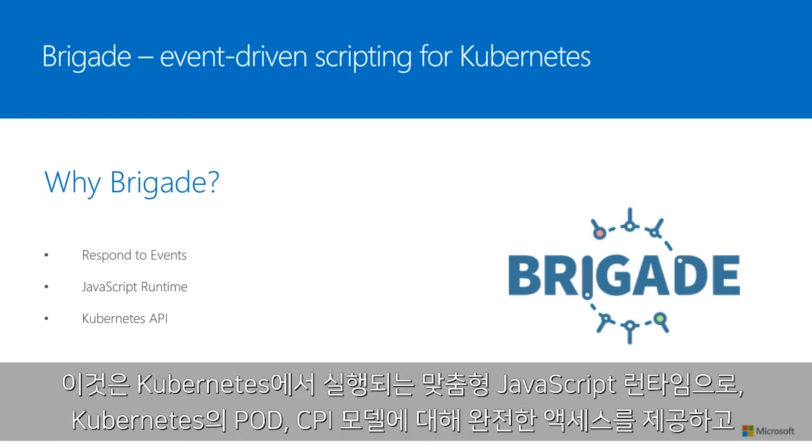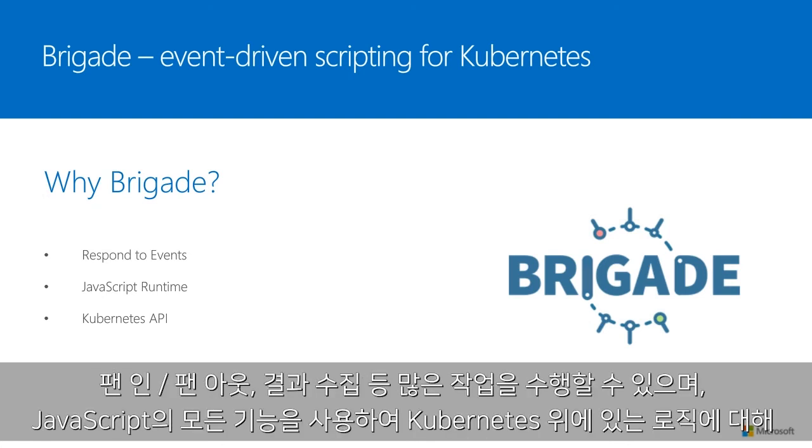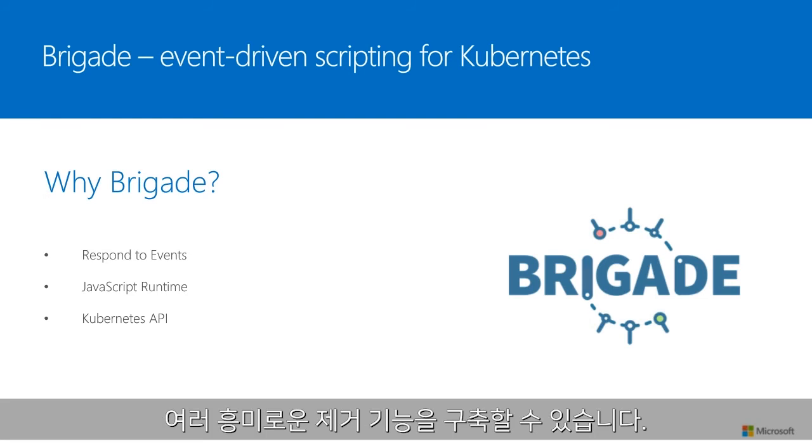This is a custom JavaScript runtime that we've built that runs on top of Kubernetes, gives you full access to the Kubernetes pods, API model, and you can do things like fan in, fan out, collect results, and build lots of interesting control flow logic on top of Kubernetes using the full power of JavaScript.